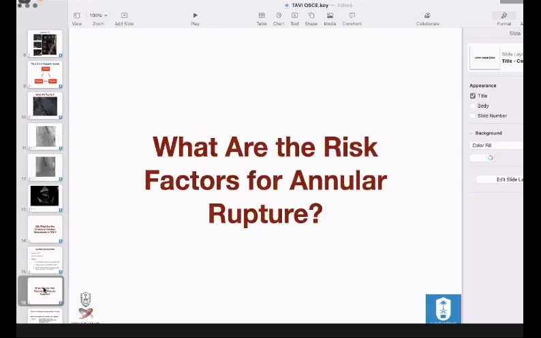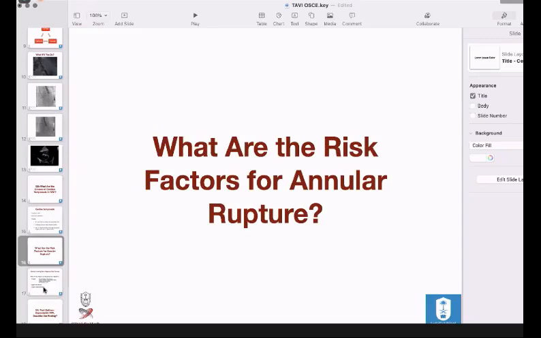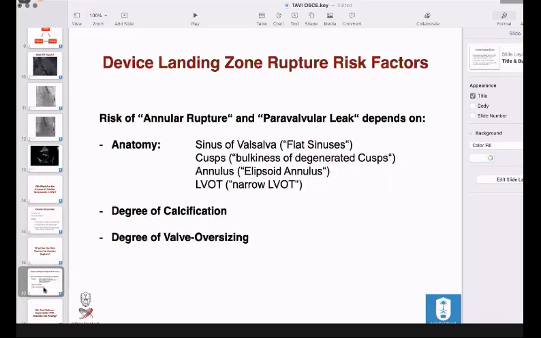What are the risk factors for annular rupture? So remember, where's the device going to land, the landing zone? Anatomy, degree of calcification, and degree of how you size the valve, if you're oversizing.